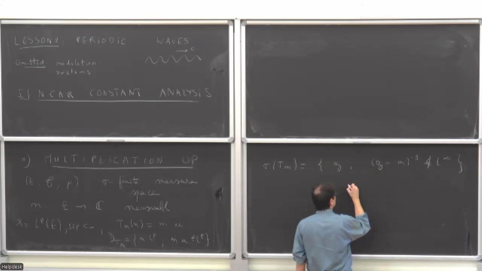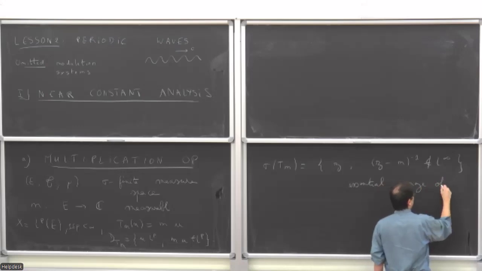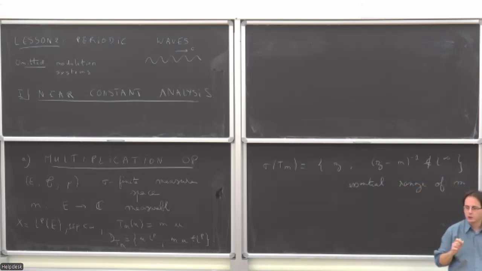This set is called the essential range. You should think of this, in good cases, as being just the values of m, but you have the right to forget about things that are of zero measure. Let me also point out that if the level sets of m are of measure 0, then there is no eigenvalue at all.